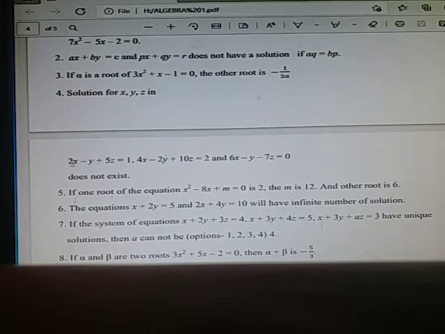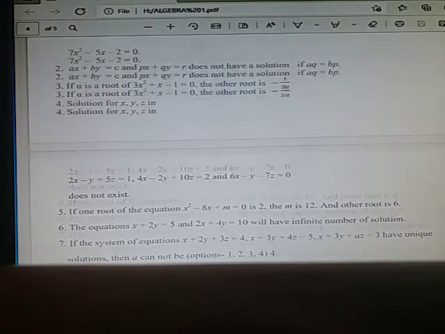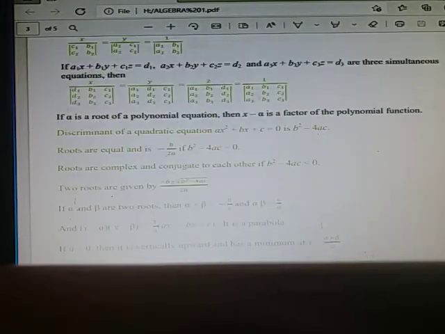You see this row and this row: they are proportional, 2, 2, 1 and 2, 5, 10. So two rows are proportional. This is the coefficient determinant, so two rows will have equal value, then this value is 0, and that is why we cannot have a solution for this.